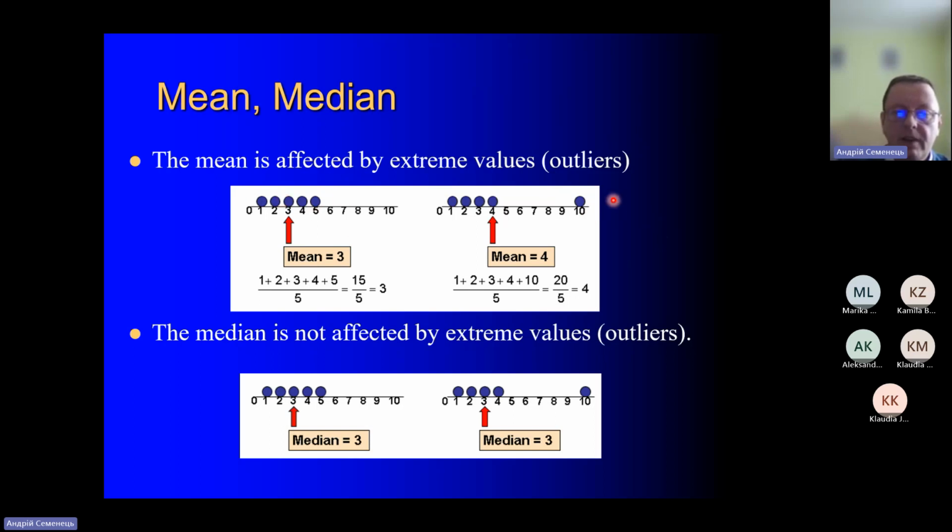We have a 5-item sample set, but let's say one has a very large value, and it immediately affects the mean. In contrast, even in the presence of such an extra value, which could be a possible outlier or caused by errors in measurement, the median is not affected by these outliers.